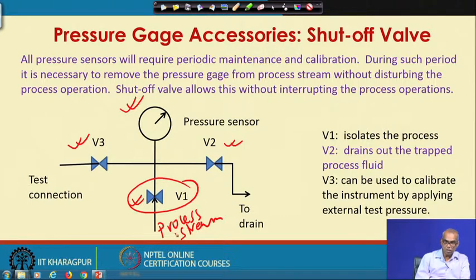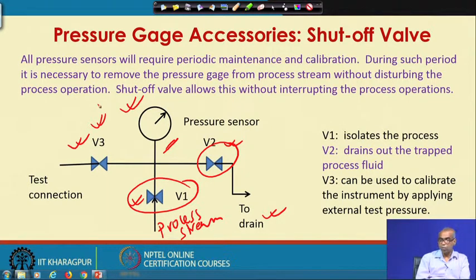By using valve 1, I can isolate the process from the pressure sensor. The V2 valve will drain out the trapped process fluid, and the valve V3 can be used to calibrate the instrument by applying external test pressures.